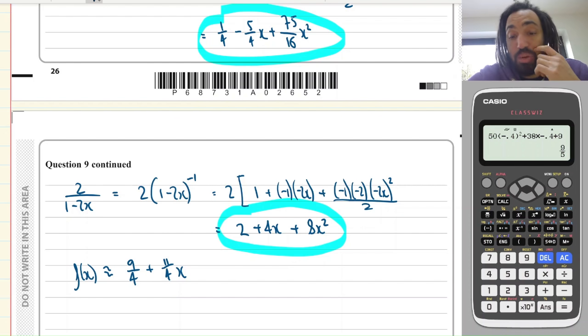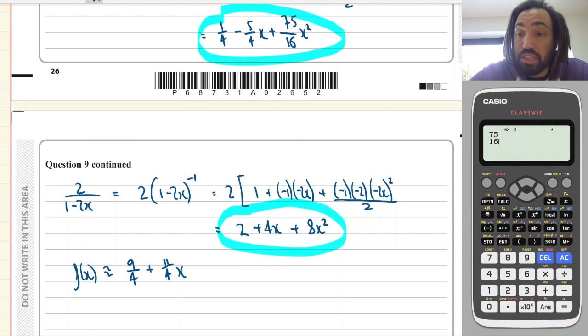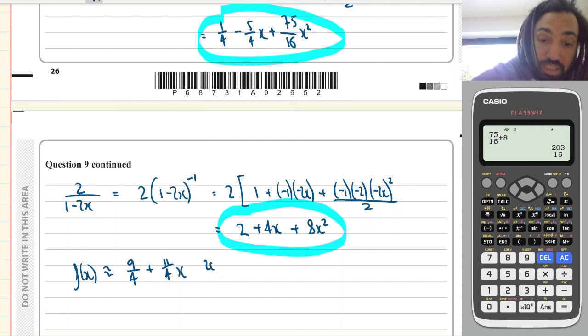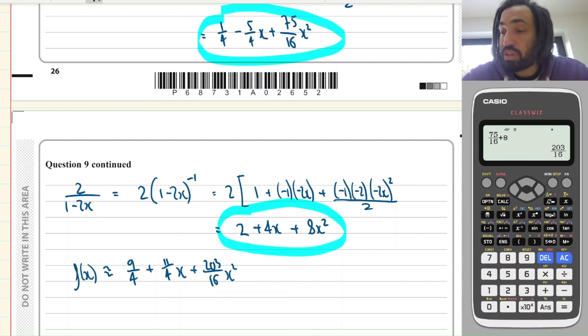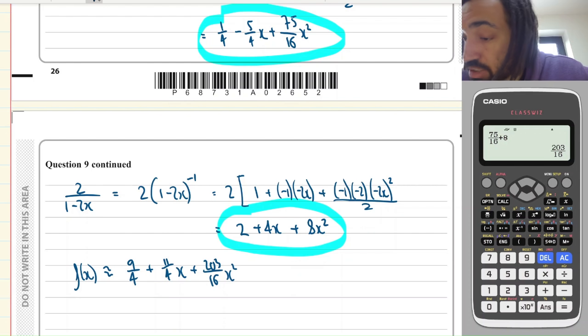And then here we're going to have 75 over 16 plus 8 is 203 over 16 x squared. Okay, I think that is good.